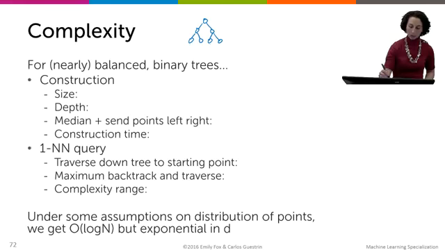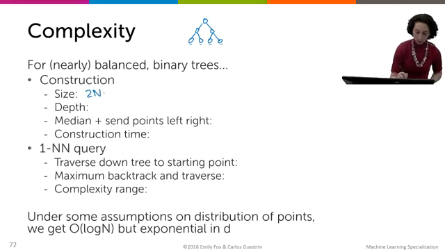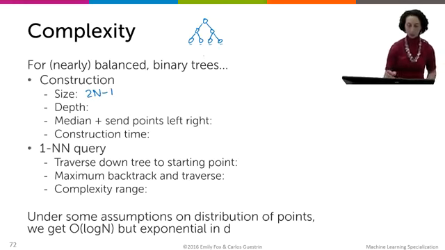If there are n total data points, and let's assume that we end up with just one observation at each leaf node, then how many nodes are there total in this tree? You can show that there are 2n minus 1 nodes. If we had 4 data points, we have 1, 2, 3, 4, 5, 6, 7 nodes, and that's exactly 2 times 4 minus 1, which is 7.